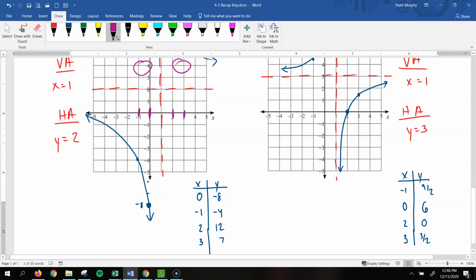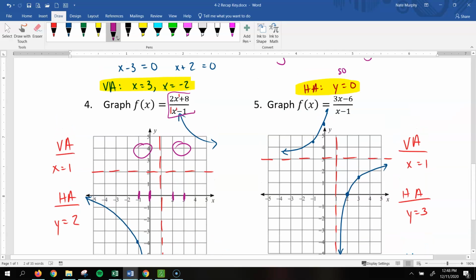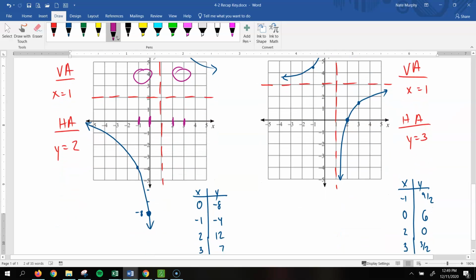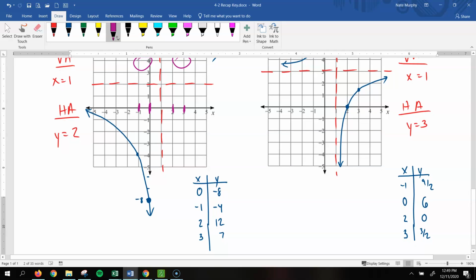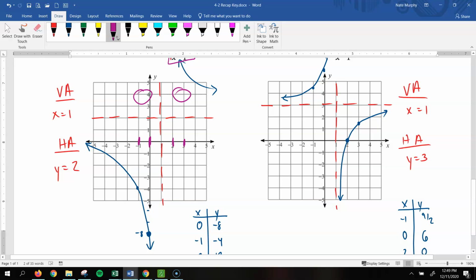But when you put those values in for x, in this original equation, we get negative 8, negative 4, 12, and 7. So when you graph those, it'd be really hard in the top right quadrant to figure out where that would be. You just kind of get an estimate of what that graph would look like. But the 2 branches would be in those 2 locations, in the top right region and the bottom left region.